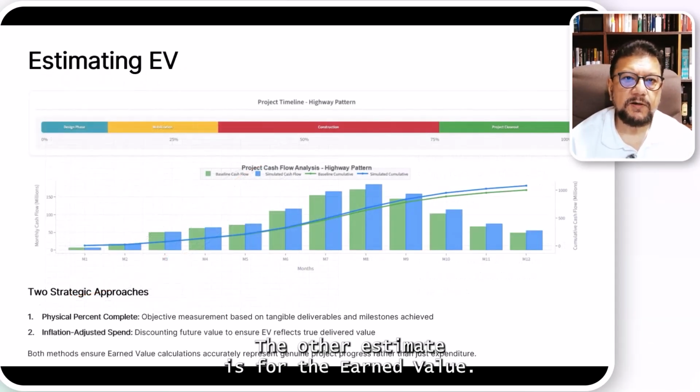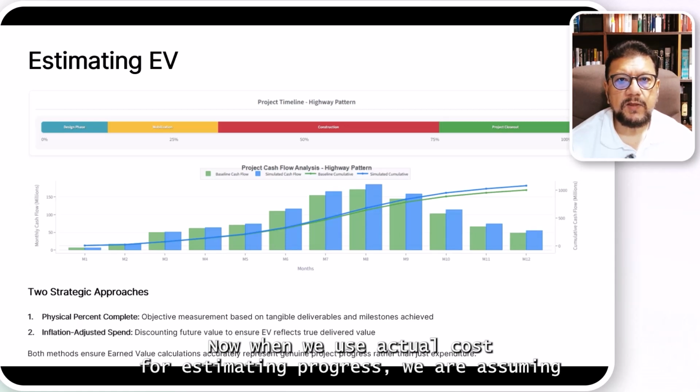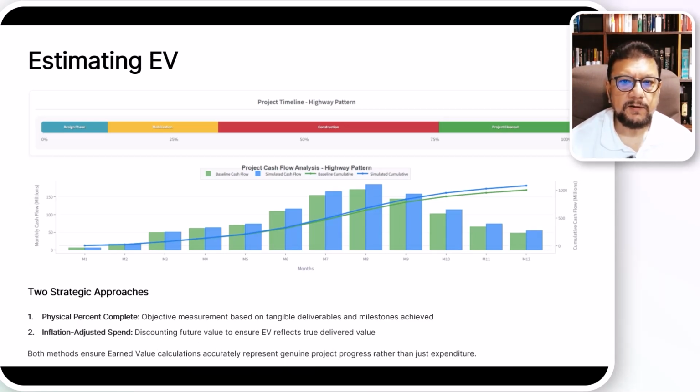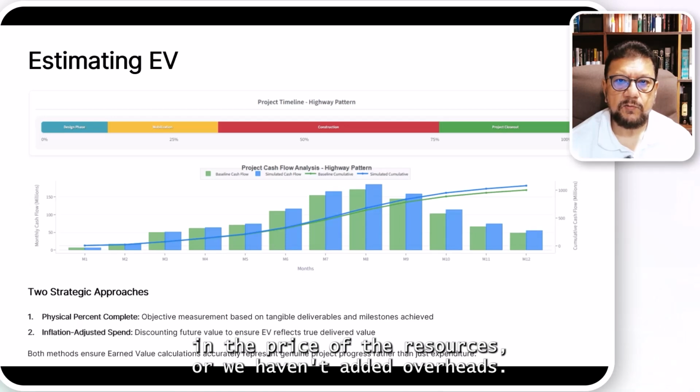The other estimate is for the earned value. Now, when we use actual cost for estimating progress, we are assuming that if we spend $1,000, we will get $1,000 worth of work completed. In reality, that might not be the case, either because there's an estimation error or because there's been a change in the price of the resources or we haven't added overheads.